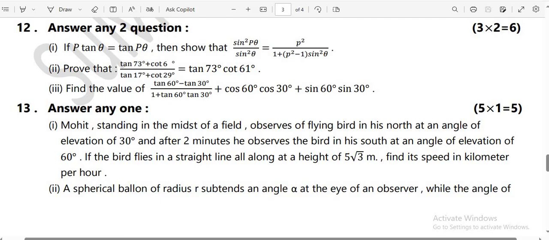If the bird flies in a straight line all along at a height of 5 root 3 m, find its speed in kilometer per hour.